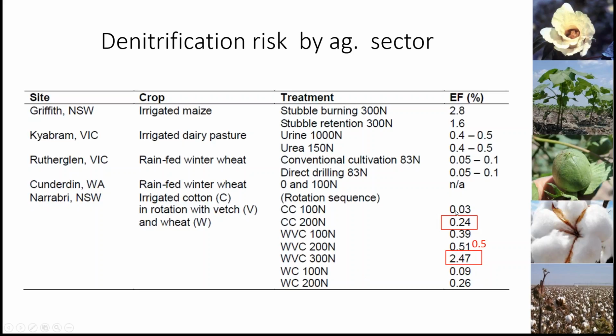Where we under-fertilise, yes, we end up with low emission factors, but we also end up with low yield and poor profitability. So currently the Australian cotton industry is judged at a 0.5, you can see, versus other industries that have emissions, then cotton is probably in line with a lot of the other irrigated type production areas, whereas winter wheat and some of those other ones have lower emissions.